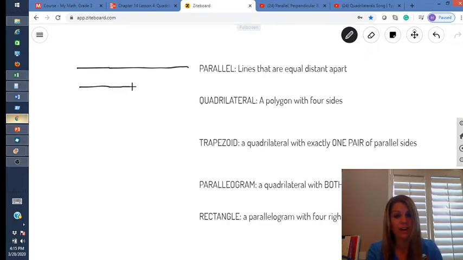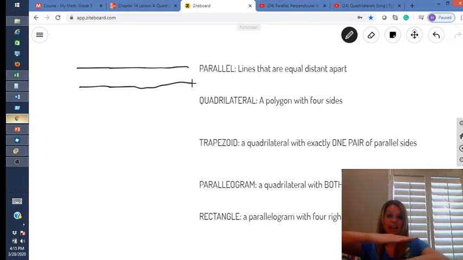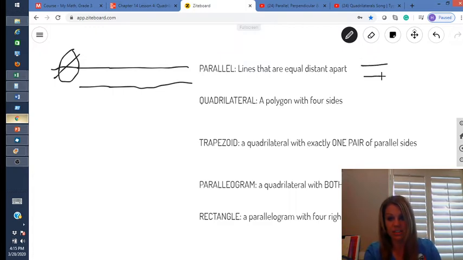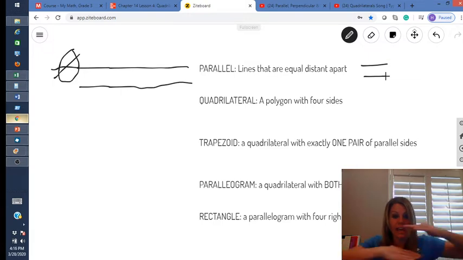If this one was at an angle, you could say, well, if this line went on forever, it would touch, and then it would be intersecting. So these two lines would not be parallel. Parallel lines are equal distance apart, and they never touch. If you drew them forever in any direction, they would never touch each other because they're equal distance apart.